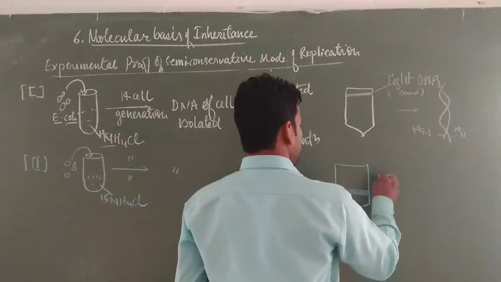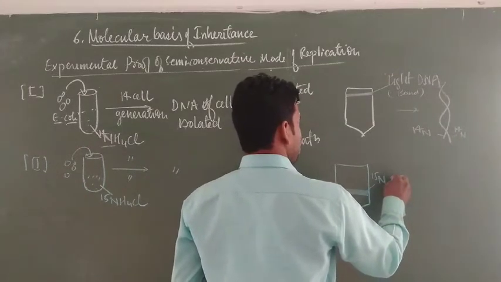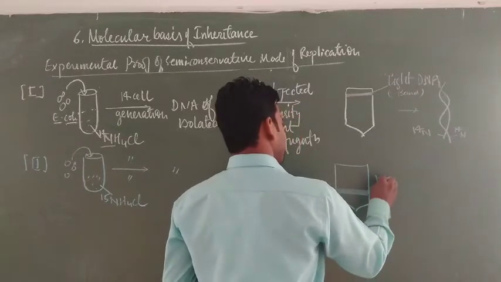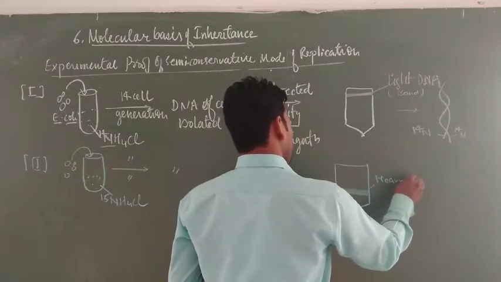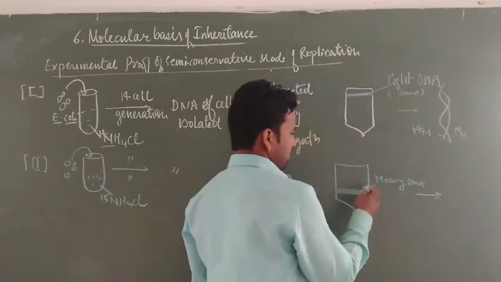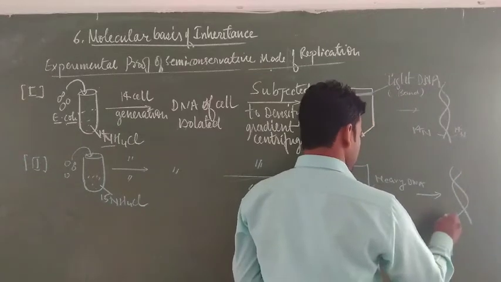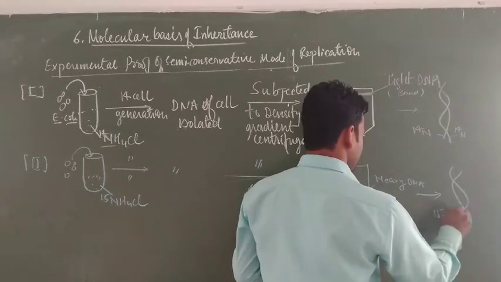This is the N15 heavy DNA, and after observing the DNA they found that both the DNA strands are labeled with N15.